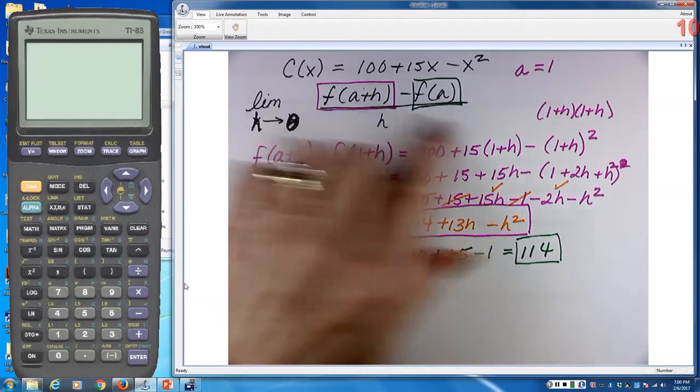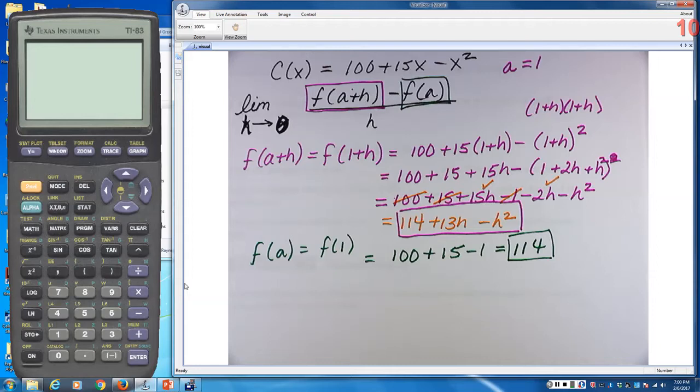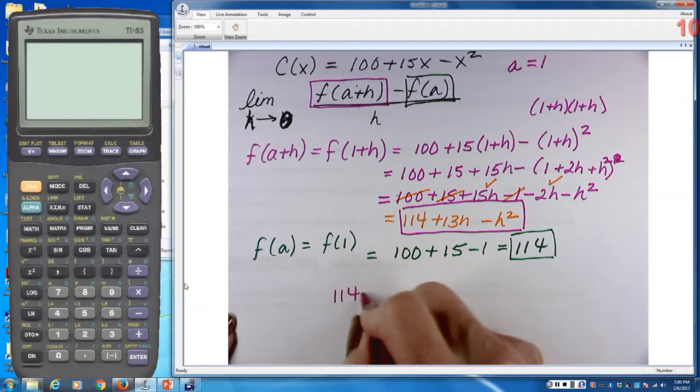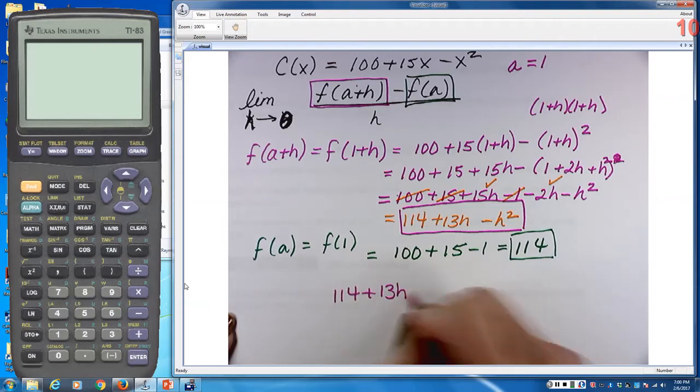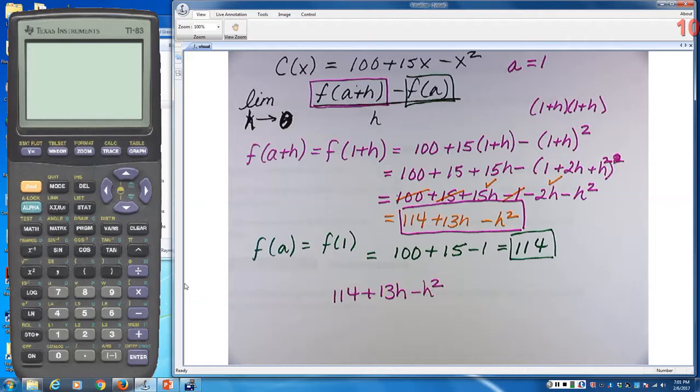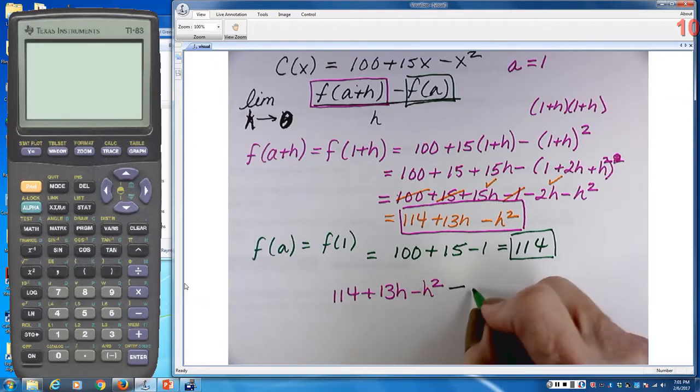And then what this tells me to do with all of that is to take 114 plus 13h minus h squared and subtract f of 1, which is 114.